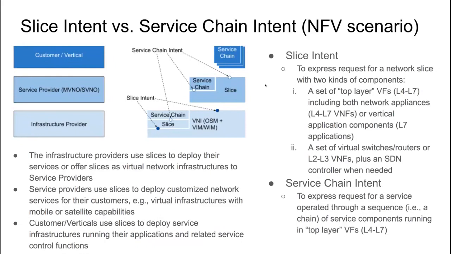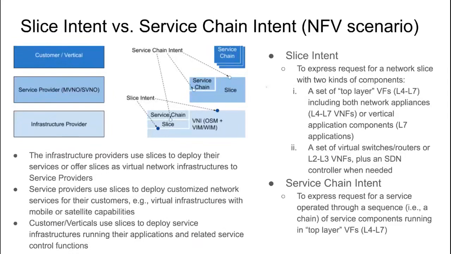I was saying that we have a set of top layer virtual functions, meaning layer 4, layer 7 virtual functions, including either network appliances or vertical application components, strictly layer 7 applications.